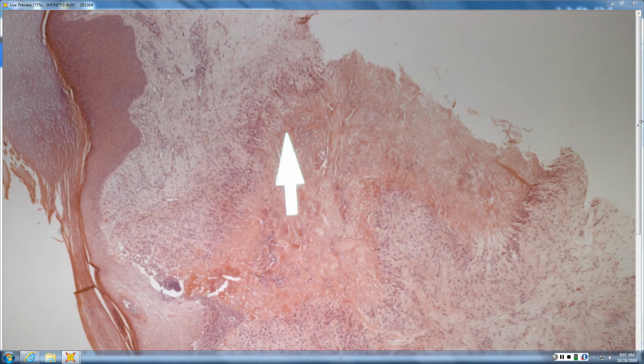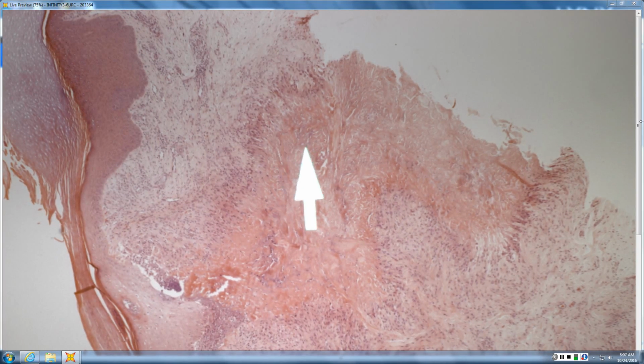I see a little bluish stuff in there, so you can do a mucin stain. In this case, you'd find it's not mucin, it's a little bit of fibrinogen, giving you a bluish hue. That's a pitfall, because fibrinogen is blue, mucin is blue, so your mucin stain can be helpful.